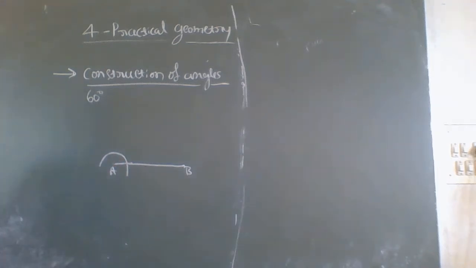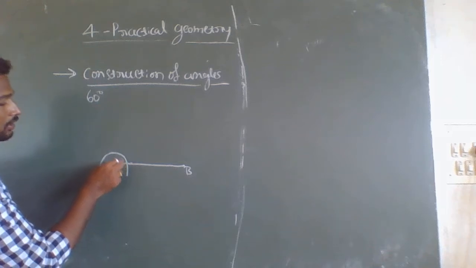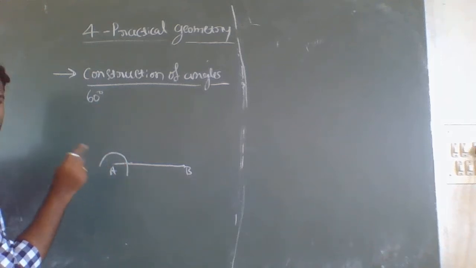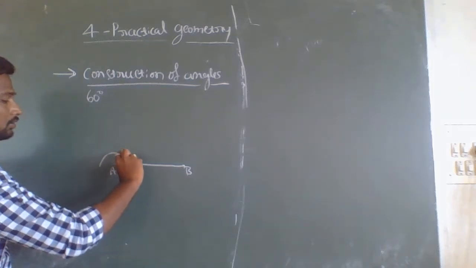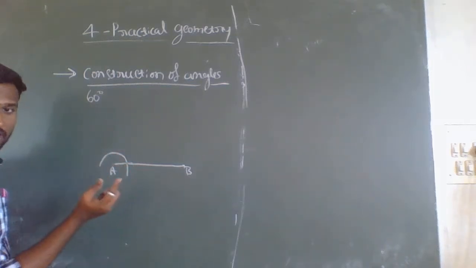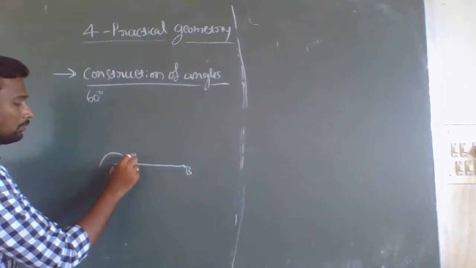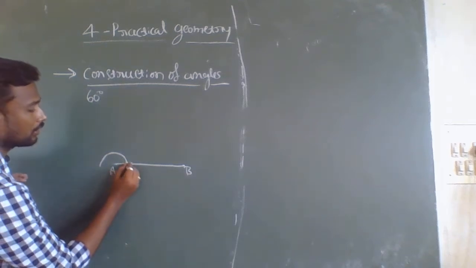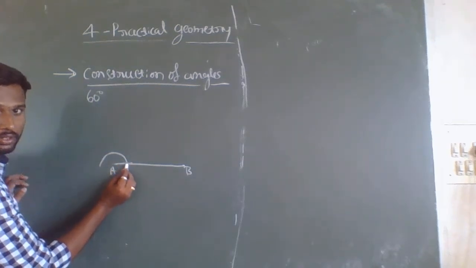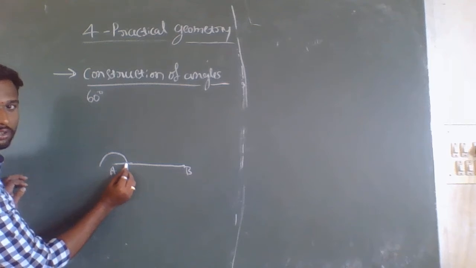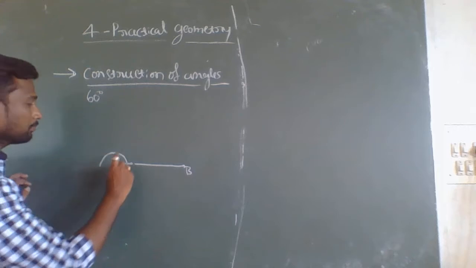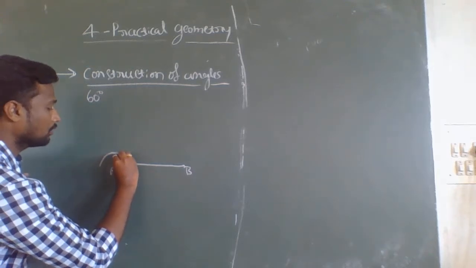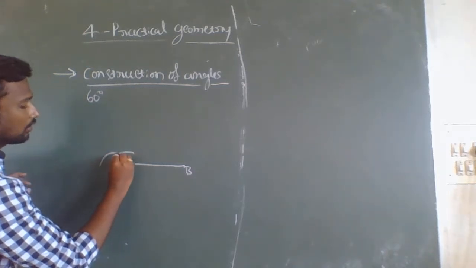Now again, keeping the same distance of the compass, draw another arc. Place the needle on the point you got here, keep the same distance, and draw an arc here.